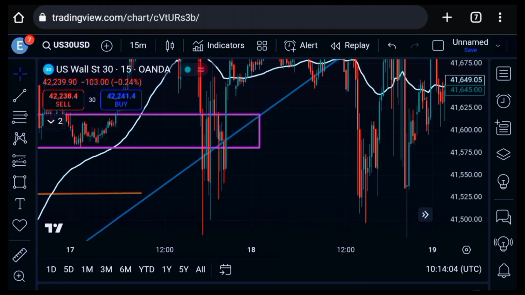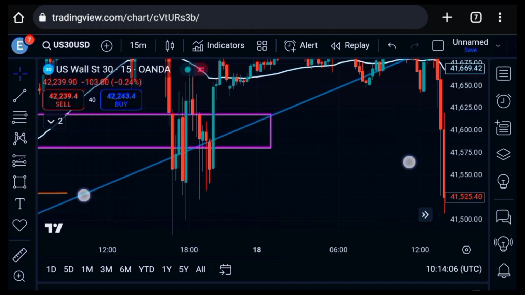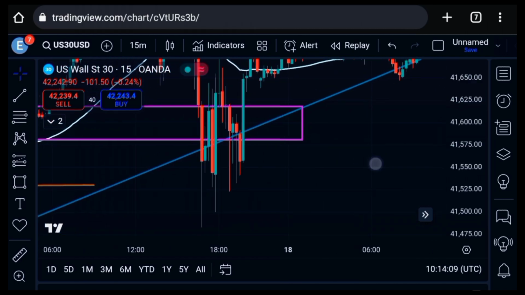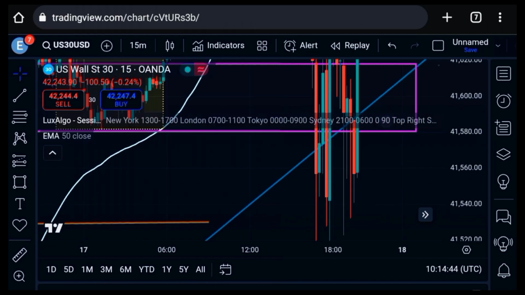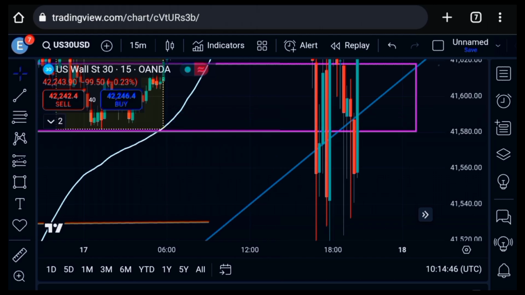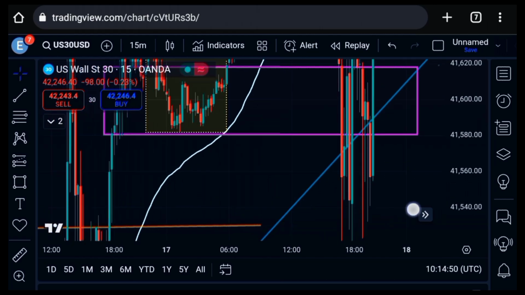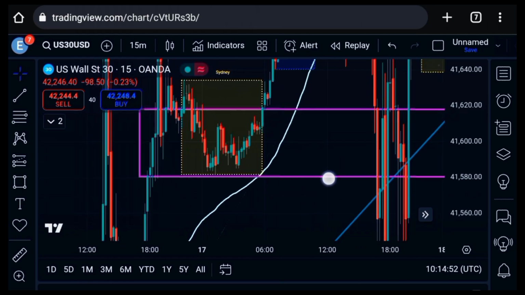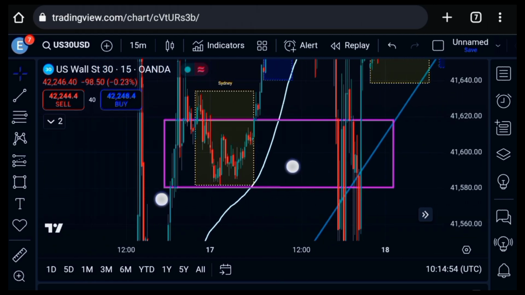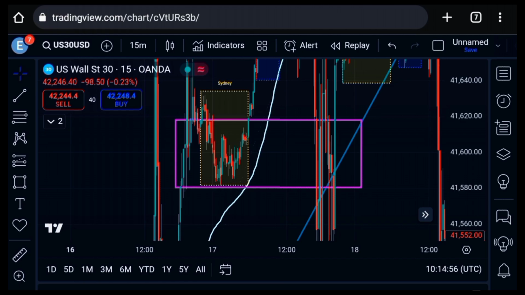So right here, we are on our 15 minutes chart. This is when you are going to use your Asia session indicator. Right here was the 4-hour zone which we marked.